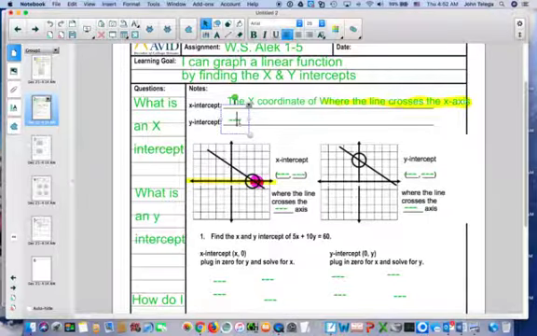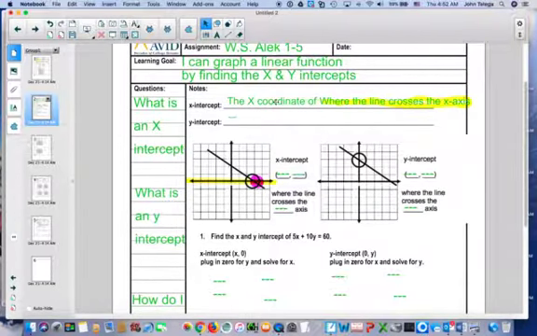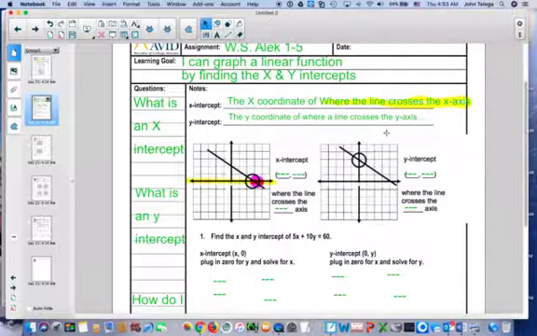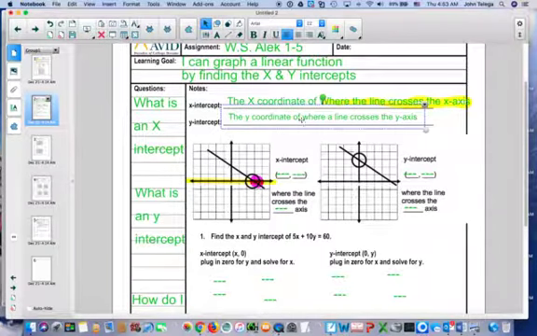So likewise, the y-intercept is going to be where these things cross the y-axis, right? Okay. And the y-coordinate of where a line crosses the y-axis.